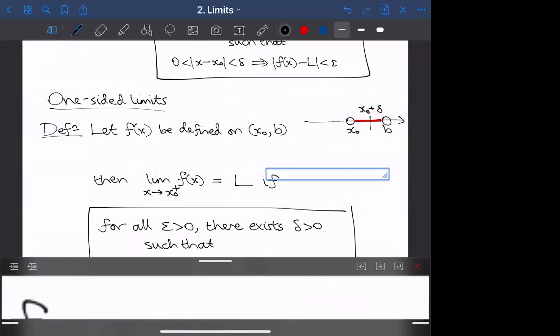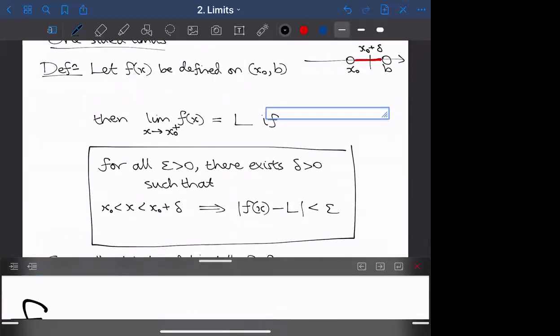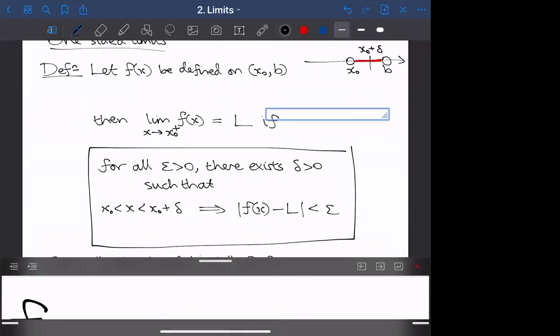So the x's are between x0 and x0 plus delta. Of course there also exists an idea of left-hand limit.